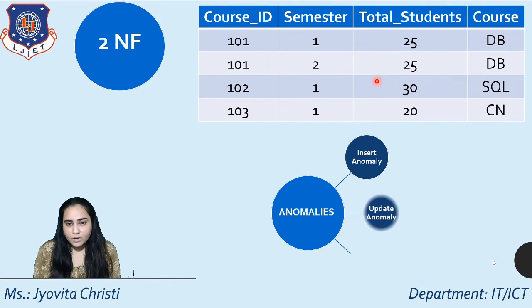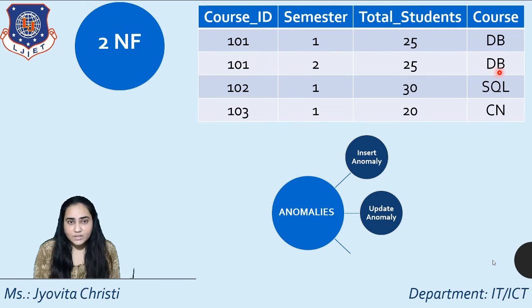The second anomaly is update anomaly. So imagine that I want to change the name of a course from DB to DBMS because I find that more appropriate. So I want to change the name. So what would I be doing? Here there is only DB. And if I want to make it DBMS, then I have to make that change twice.